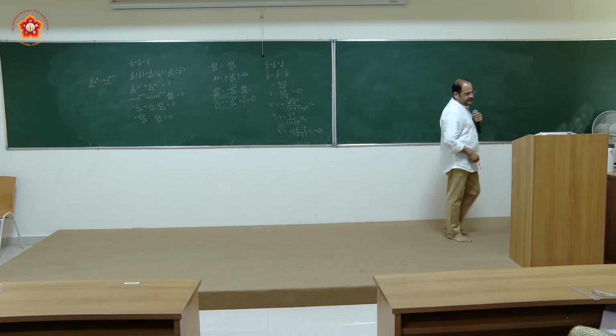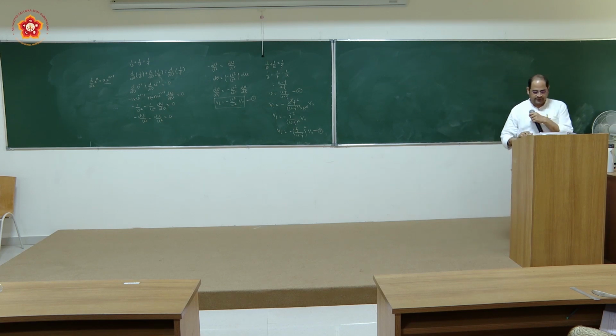So image speed or speed of the image will be obtained by this formula, f upon u minus f whole square into velocity of the object. Any step you want me to repeat or explain?